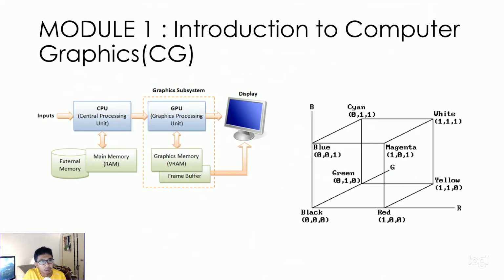Module 1 is some sort of introduction to computer graphics. For example, this diagram here: you have an input, the CPU, then it is processed by the GPU, and then we put the output on our display. This is a 3D cube that you are going to create using OpenGL. Soon you will know what OpenGL is all about.